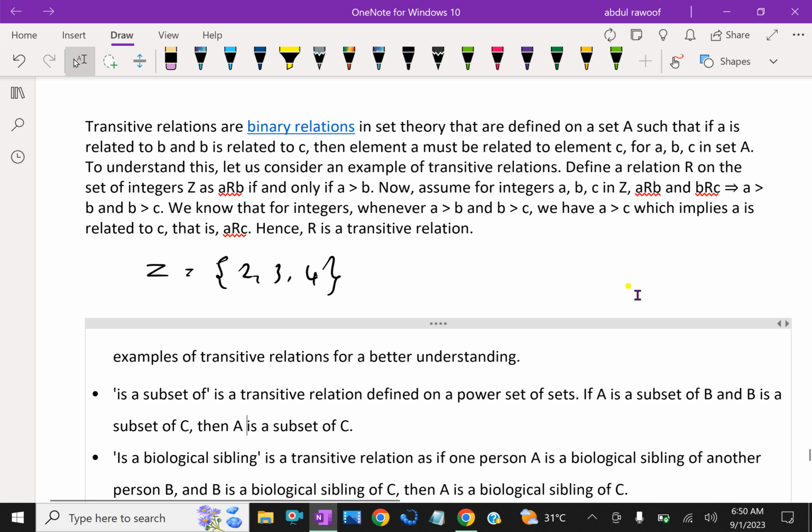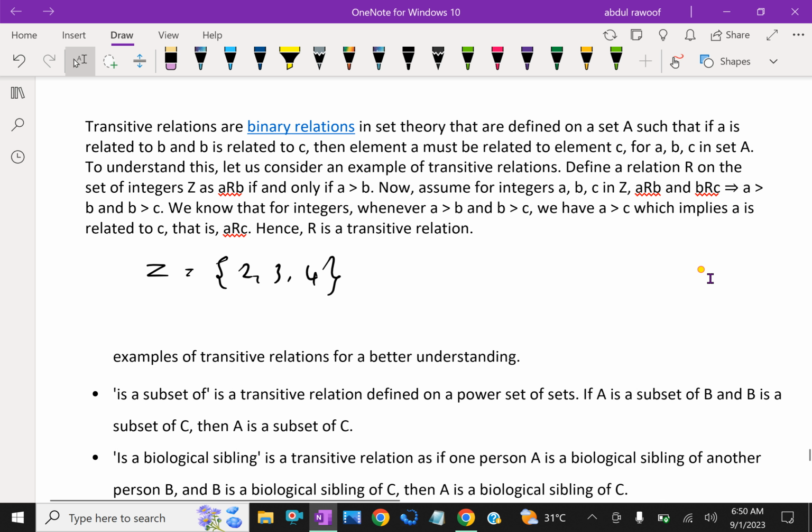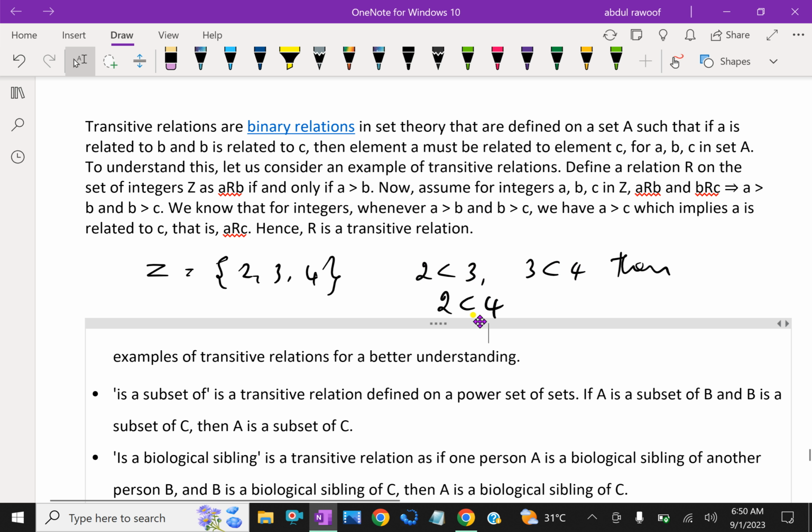The condition, look here: 2 is less than 3 and 3 is less than 4. Then we can say 2 is less than 4. So it is a transitive relation, because 2 is less than 3, 3 is less than 4, and the first is less than the third, that is 2 is less than 4.